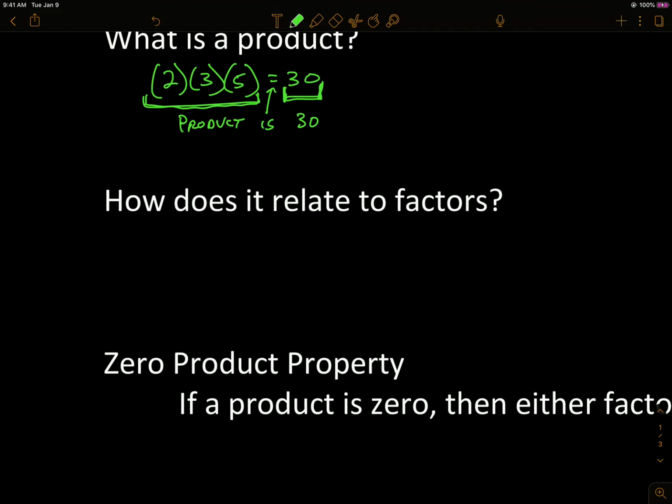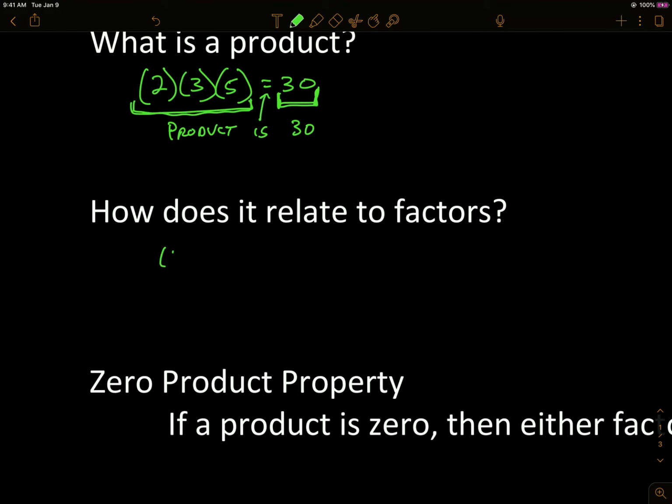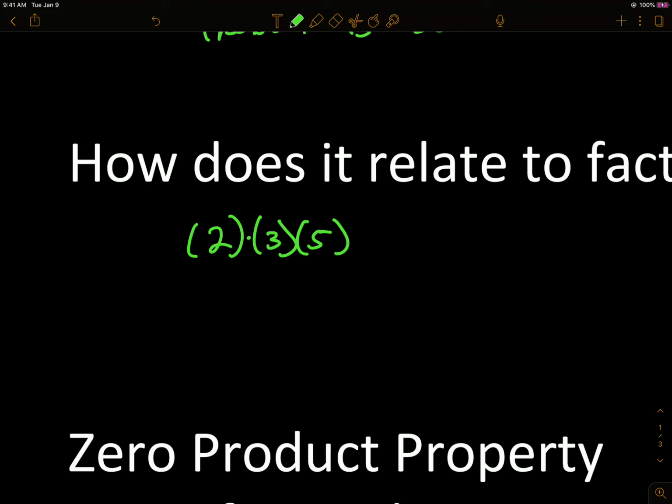How does this relate to factors? Well, those things that we're multiplying together, I can stop calling them things. They're factors, right? We remember from last class that anything connected by multiplication, we call factors.